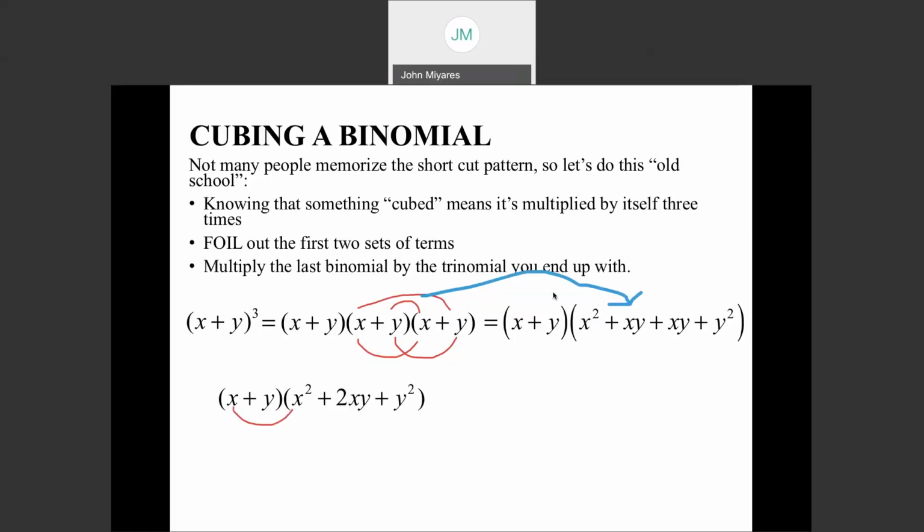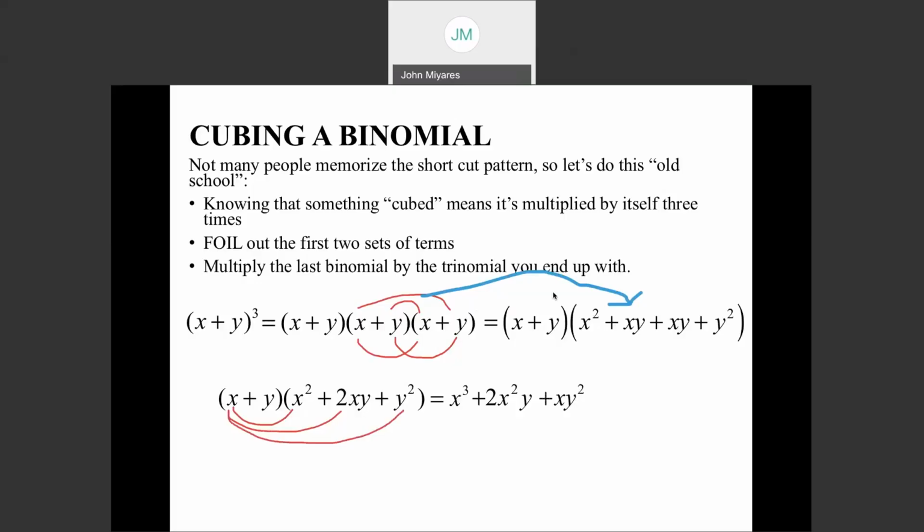Let's take the first term by the first term. You get x times x squared, which gives you x to the third power. Now we'll take x times 2xy, we get 2x squared y. Take x by y squared, and you're going to get xy squared.